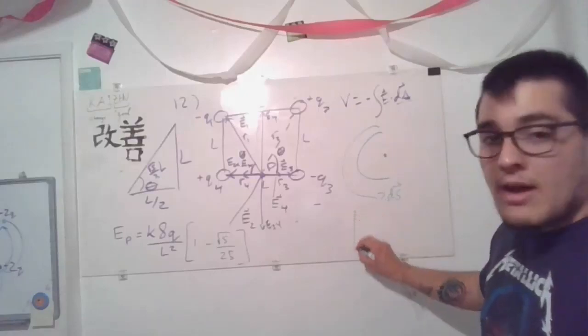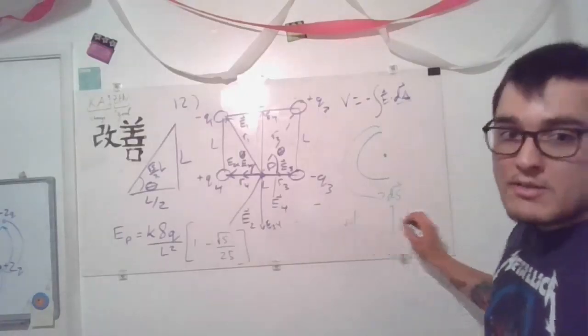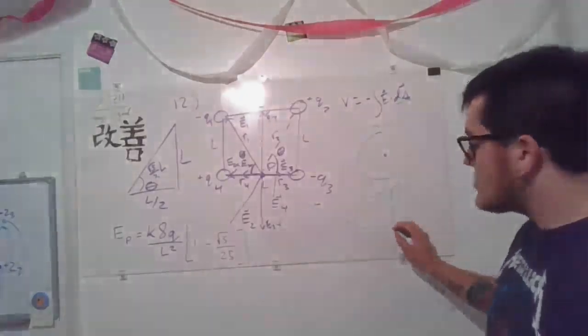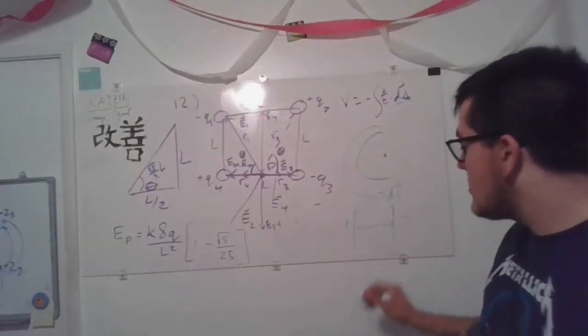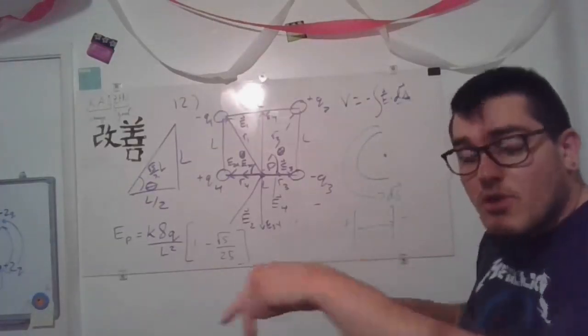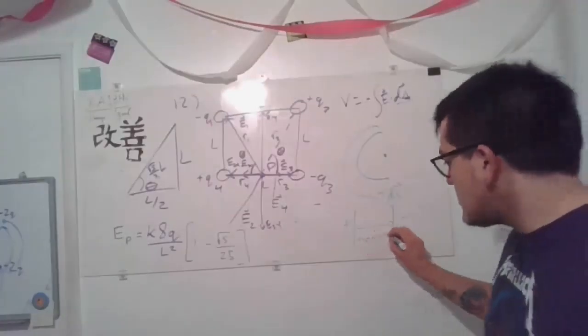Or if you have two plates, one positive, one negative, and I know the electric field between the plates, then I can travel along that path, ds.